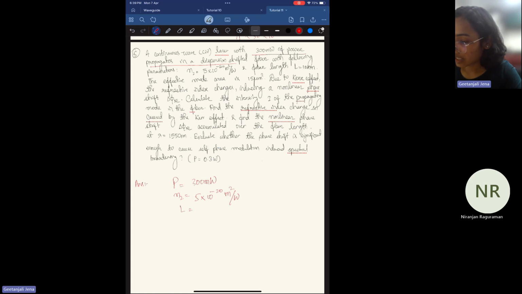Fiber length is also given. It is a total length of 10 kilometer. The effective mode area for this fiber is 50 micrometers square.